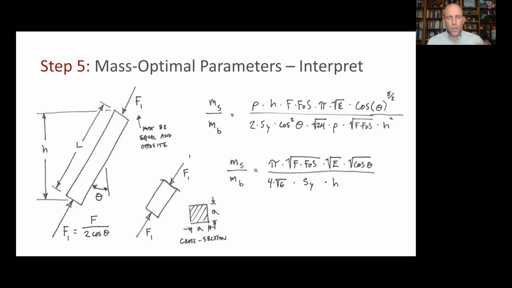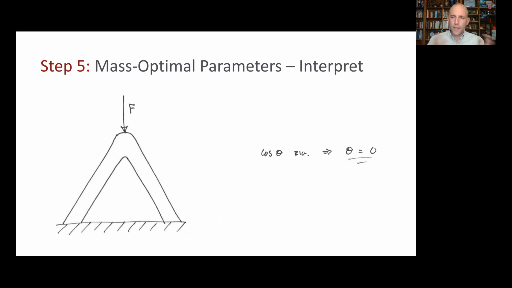But we don't want to lose sight of one of the big messages that has come through along the way. Notice that in both cases, both failure modes, our analysis told us that we wanted theta to equal 0. That was where the mass of our component would be minimized while exactly hitting our factor of safety. And that might indicate some qualitative changes to our component.